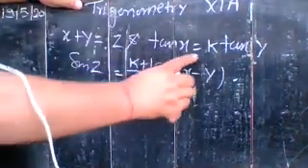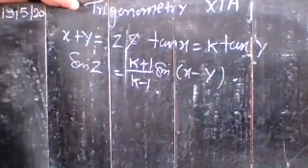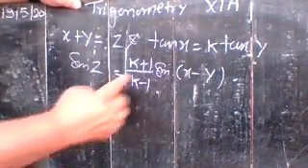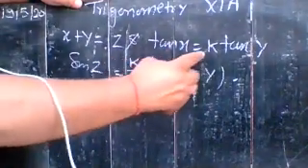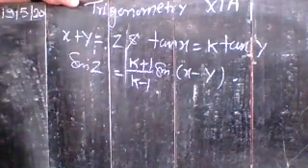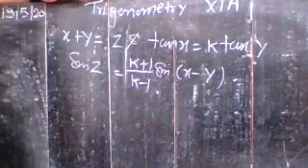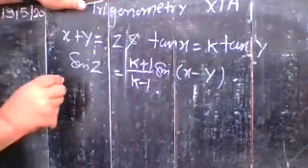First you take the given part, tan x is equal to k times tan y, change it into sine and cos, and transfer all the terms from the right side to the left side except k. Then you apply componendo dividendo, and you will have your answer. Understand?